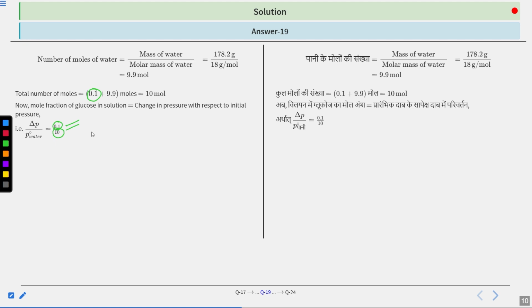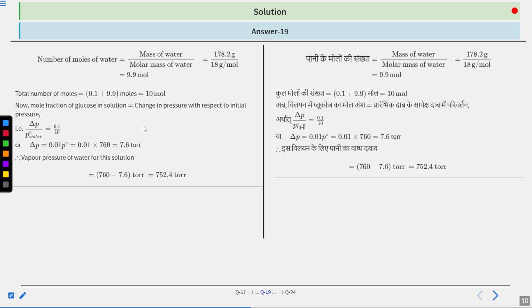Very clear. So what is delta P? Delta P will be equal to 0.01 P naught, and we know that we are doing this in the open, therefore P naught is 760 and hence the change in pressure will be 7.6 torr. So 760 minus 7.6, and the answer will be 752.4 torr. Clear?